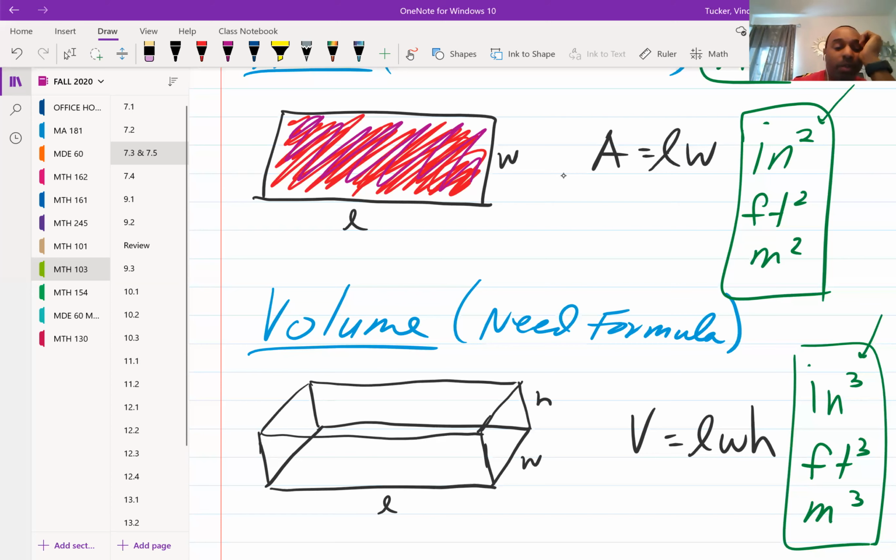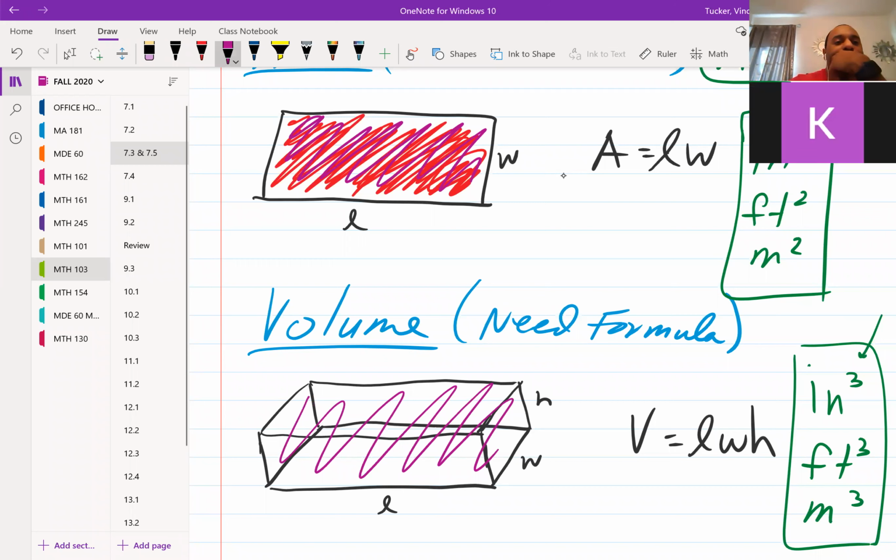So now you're including the height as a part of your calculation. All right. Questions so far?